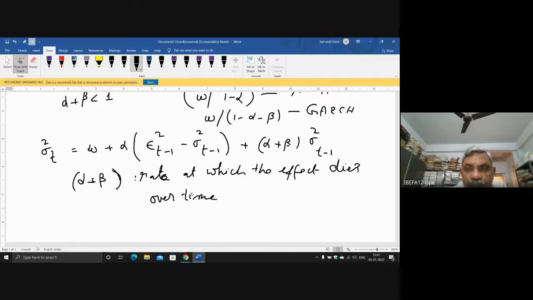Effect of what? Effect of the previous volatility on the current volatility. So that is decided by the sum of these two coefficients, alpha plus beta.